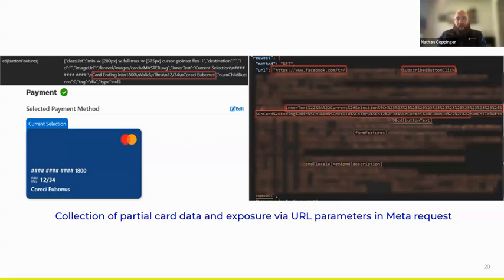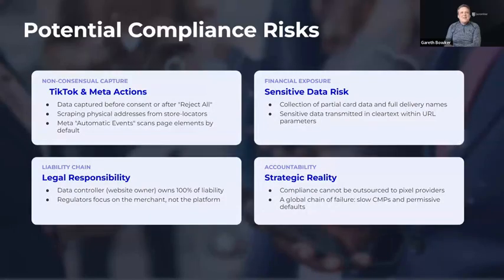And Gareth, how would you react to this all from a compliance standpoint, especially privacy regulations like GDPR, CCPA, or over in China you have PIPL? I'd love to get your take on that. Yeah, it's quite a difficult position if you're subject to any of these regulations. You've got consent failures, so you've got data that's leaving the browser before the user has made a choice.